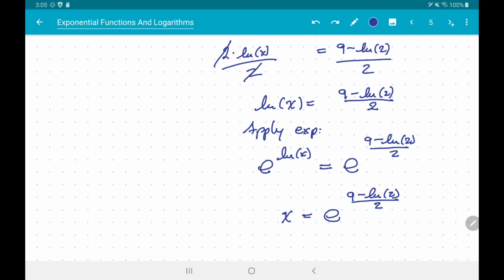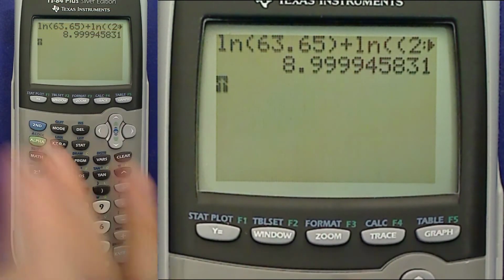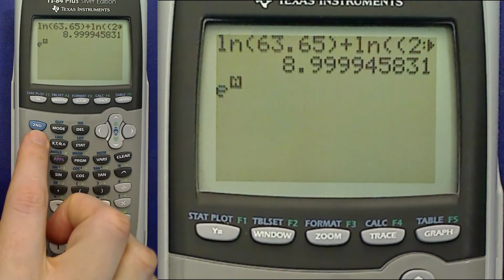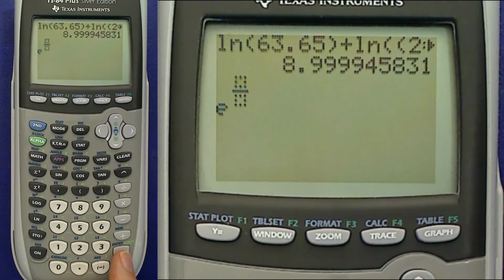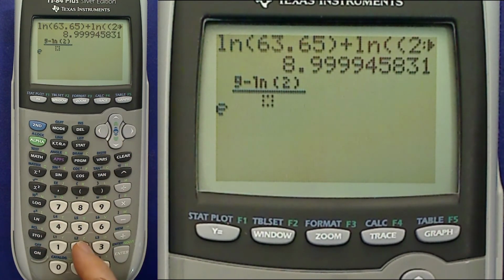One thing that you should calculate, just to see, is that if you do actually type that into the calculator, let me switch back to the calculator. If you do actually type this in, so second and then this to get E, alphabet and this button to get the menu, and then N over D to get the fraction template, 9 minus ln of 2, close up the ln, and divide by 2, and I think we're good to go.